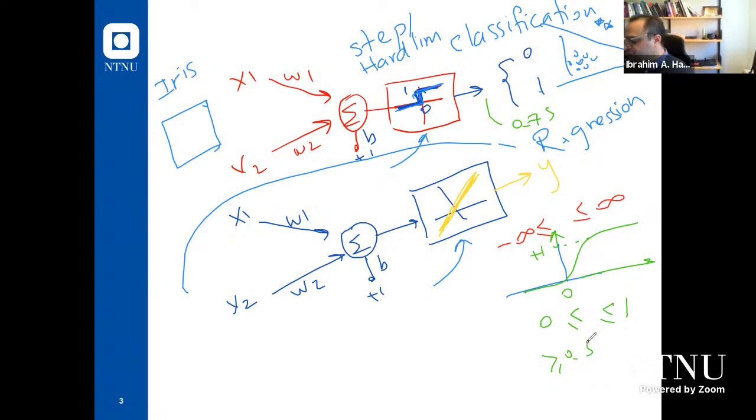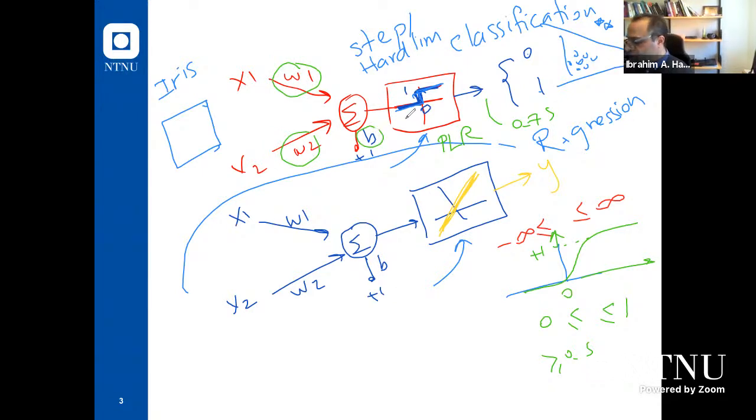So if you want to solve this problem in different ways, it's not a problem, right? We will have the same model. You can try to use this hard limit function, and when you use it, we will use the perceptron learning rule, which is very, very simple, to adjust those weights.